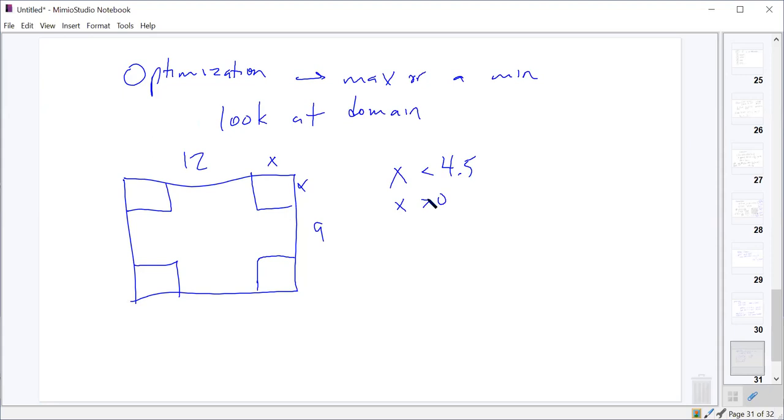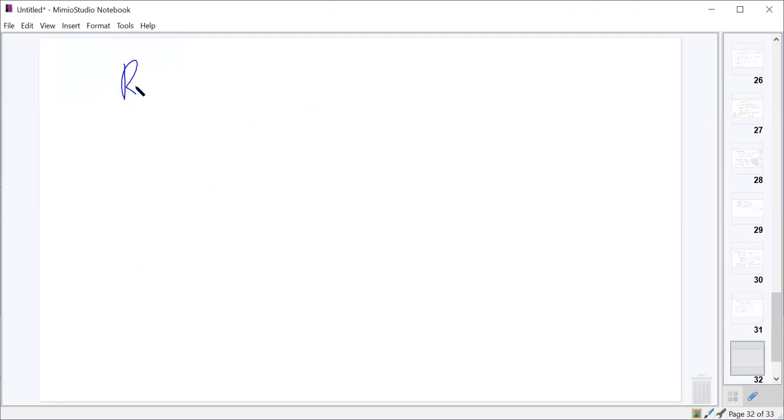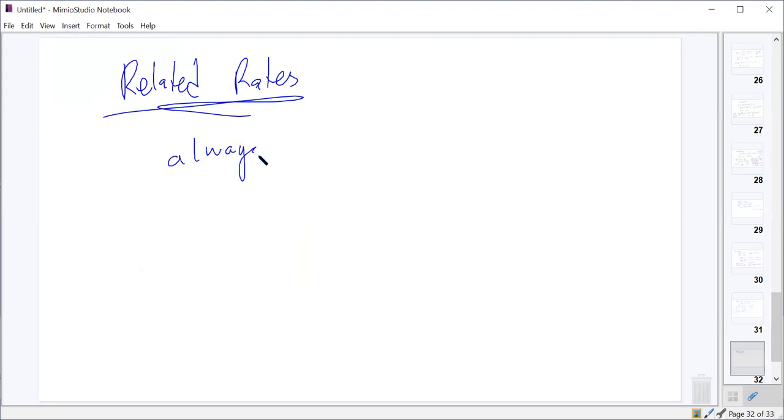Okay. In terms of related rate problems, a couple of things to remember. Number one, you are always taking your derivative with respect to time.